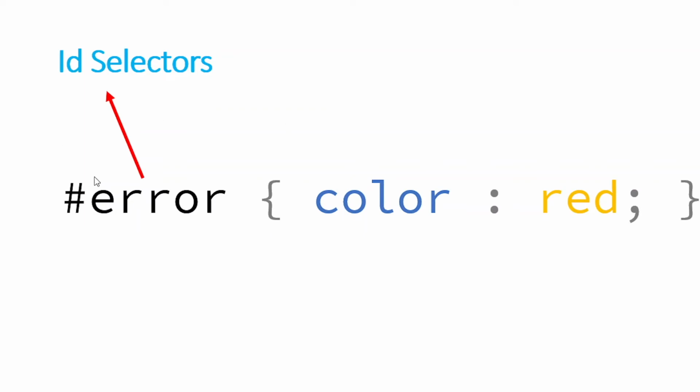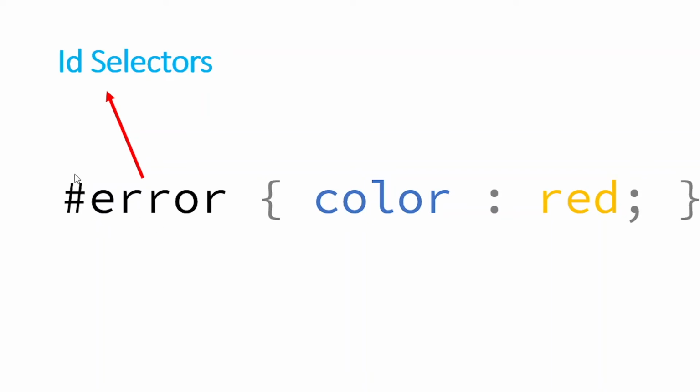It starts with the hash symbol, and after that we can specify any name we want. Make sure it doesn't start with a number. It can start with an underscore or any letter, A to Z. After that, you can add any number. We'll be seeing that as well in the practical manner.